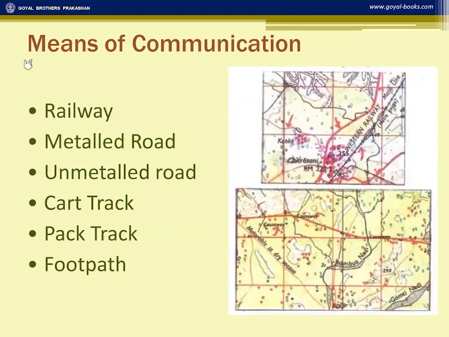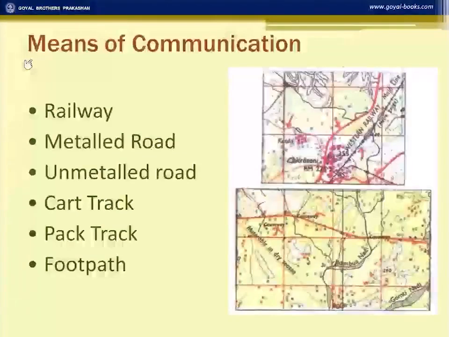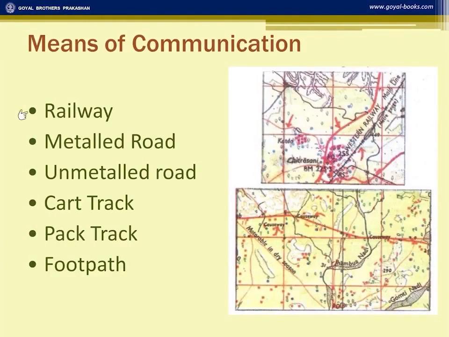Means of communication, as I said, there are various ways that communication is shown on the survey sheet. As in this case, the Western Railway is shown in the corner of the map, showing that people can travel by train. There is a metal road joining different places in the survey sheet.